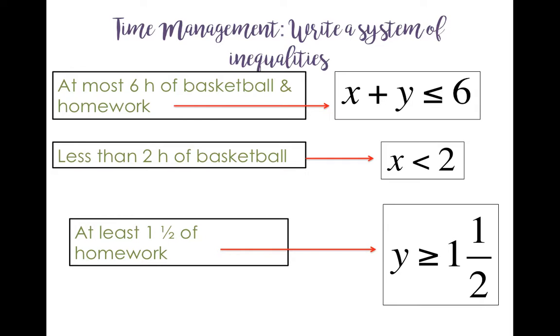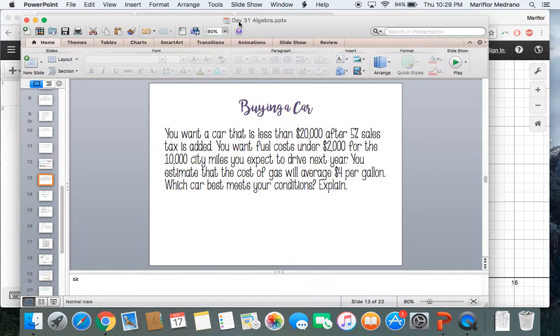So when we add them together, it needs to be less than or equal to 6. You wanted to do less than 2 hours of basketball, and you also wanted to do at least 1.5 hours of homework. So that's why x is less than 2 and y is greater than or equal to 1.5. So now we're going to go ahead and graph this on Desmos.